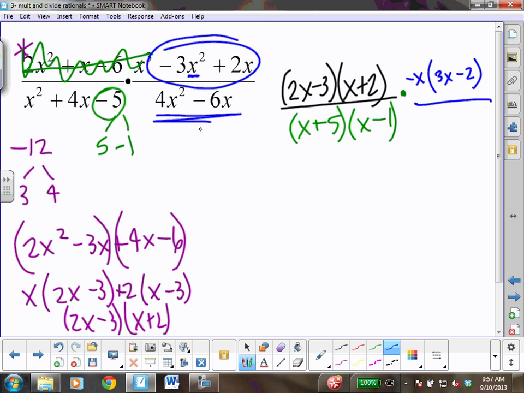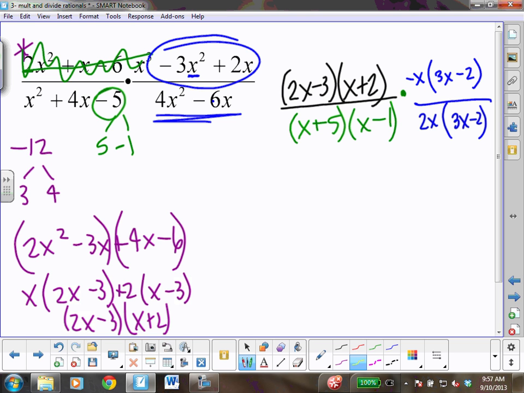On the bottom here, again, I only have 2 terms, so I want to think about a greatest common factor. And notice both coefficients are divisible by 2, and they both have an x, so I'm going to factor out a 2x. And I'm left with 3x minus 2.